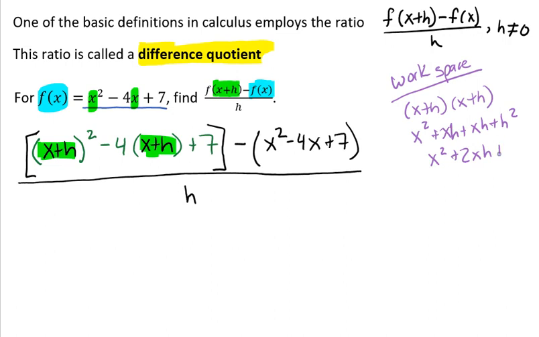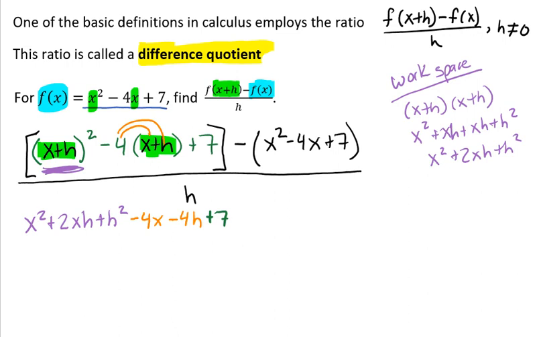We can simplify that to x squared plus 2xh plus h squared, and we're going to plug that into our spot over here. So x squared plus 2xh plus h squared. Then we need to distribute our negative 4, so minus 4x minus 4h. And then we still just have our plus 7.